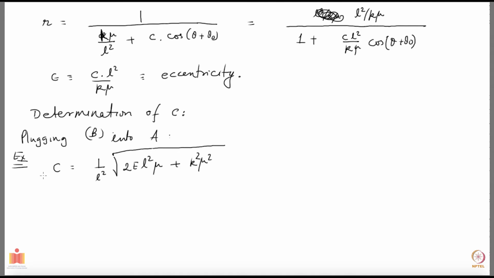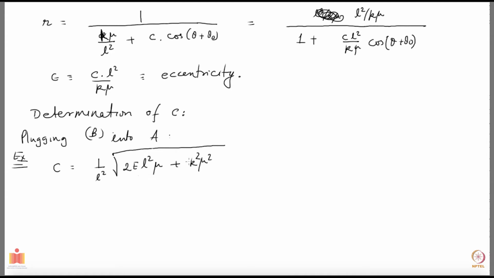All is good with what I'm doing here. This is my C. So you see, this constant C is not arbitrary. It is completely determined in terms of your angular momentum, energy, and the mass of that particle in K. I have no freedom in choosing it, as you can in the case of a simple harmonic oscillator, but here it is completely constrained.